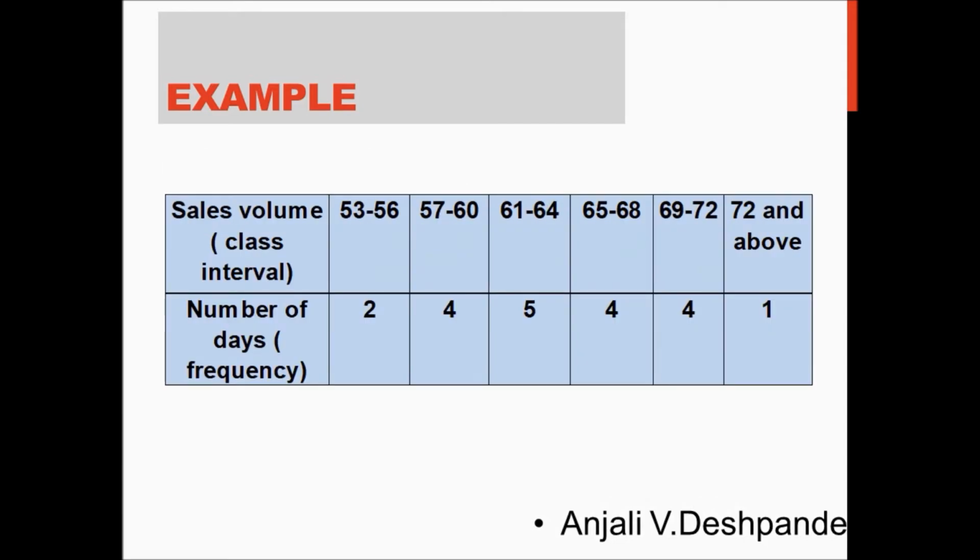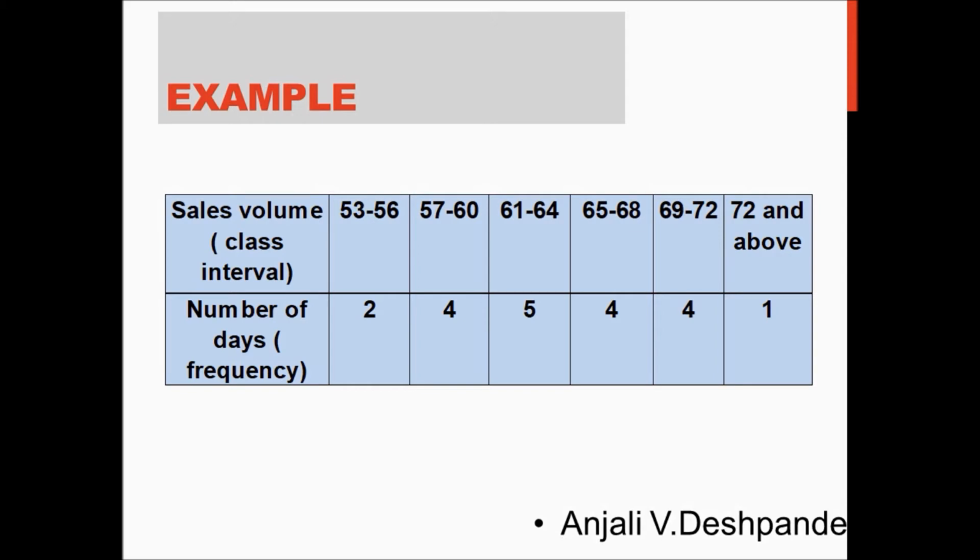So data has been rearranged. We have taken the sales volume as the class interval, number of days of course is the frequency. Now how to form the classes, etc. all this was discussed in the video on tabular representation of data. So once again you can refer to that video, and the links are given in the description box below.